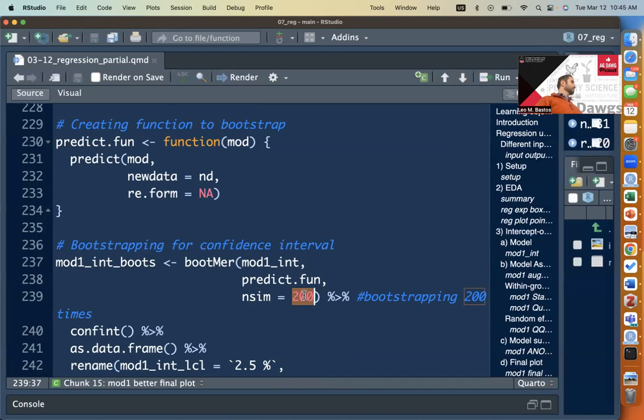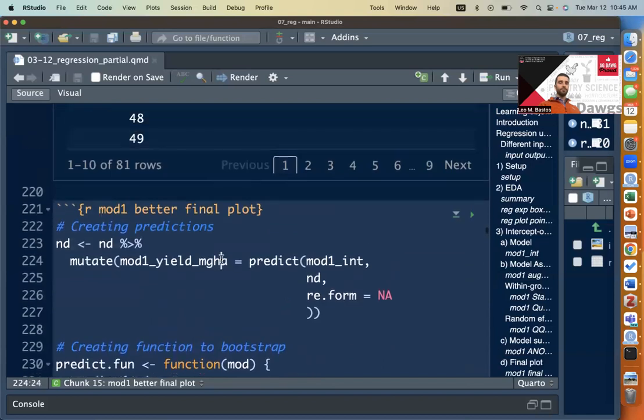This is going to be a little bit difficult to show in words, so maybe the reading material is going to help with this. But let's just think it's taking a sample of your data, fitting that model, extracting that estimate of the intercept, taking another subsample, fitting another model, taking that other estimate of the intercept again, and doing that 200 times for each one of our seeding rates.